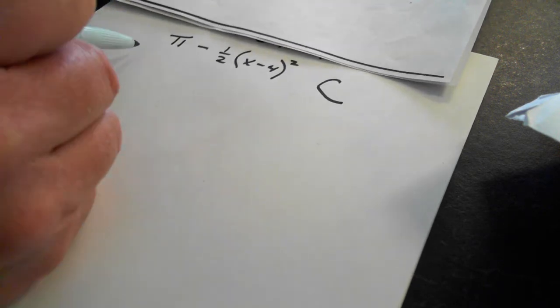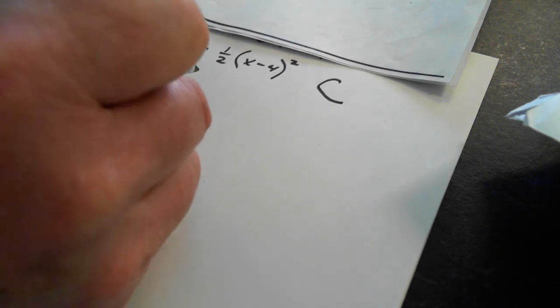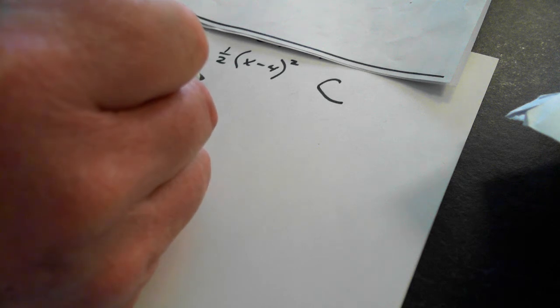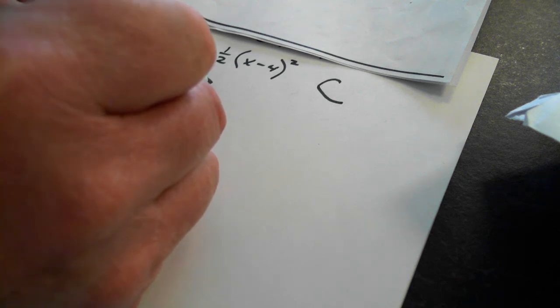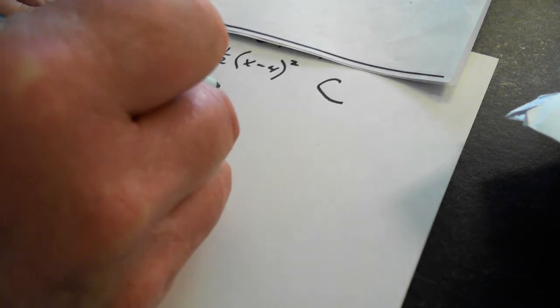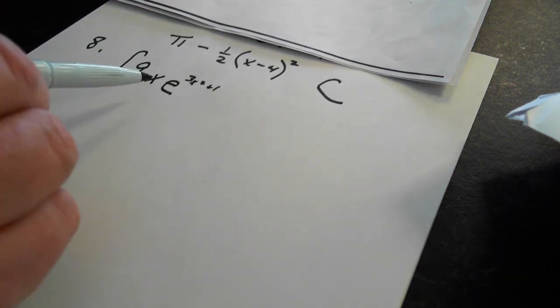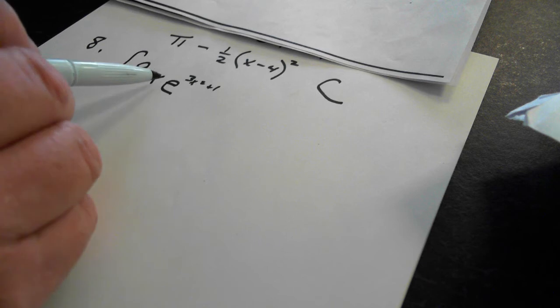If you're trying to do the integral of 9x e to the 3x squared plus 1, does that say? I don't know if I barely even read that. All right. If you're going to integrate that, this is the kind that sort of looks like you would need the product rule if you were doing a derivative.